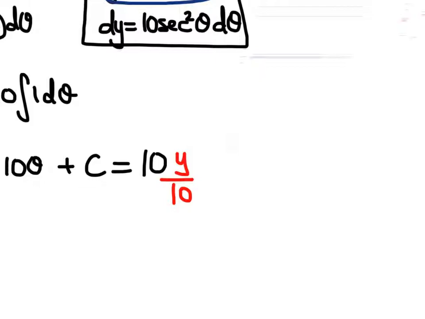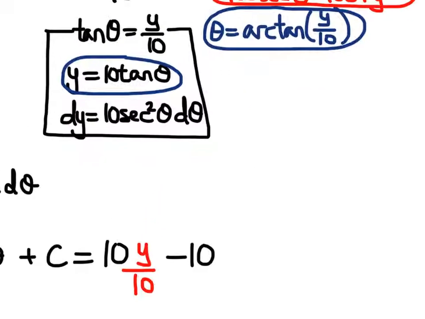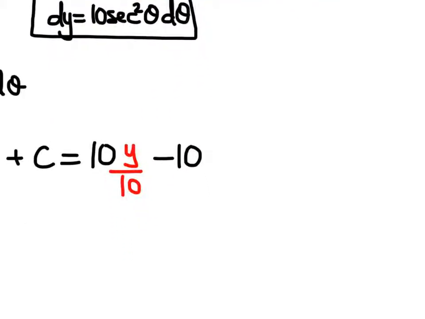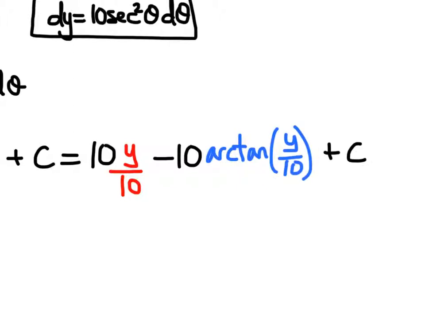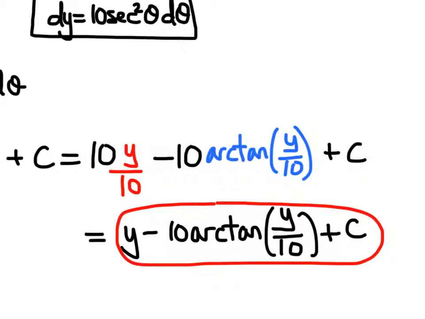Then we're going to have minus 10 times theta, and we go back to our triangle to figure out what theta is, and theta is arctan of y over 10. All of this is going to be plus c. We clean this up to get our final answer, which is y minus 10 times the arctan of y over 10, all plus c.